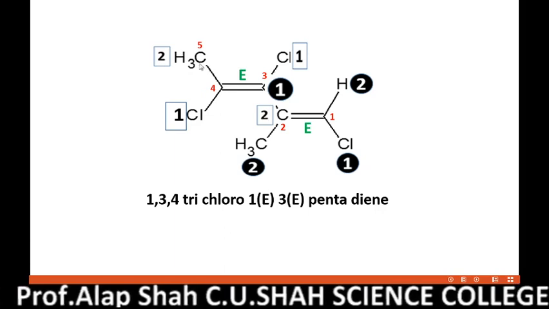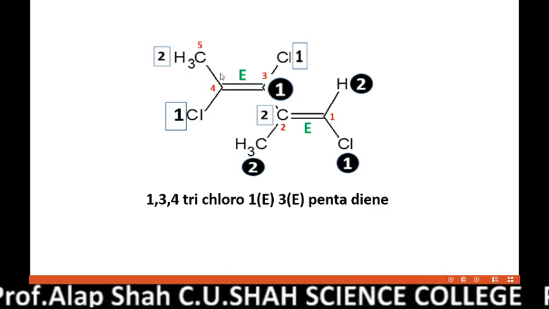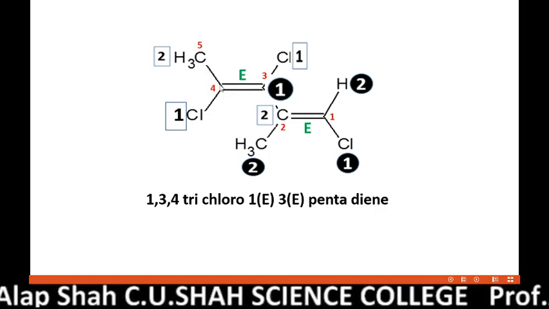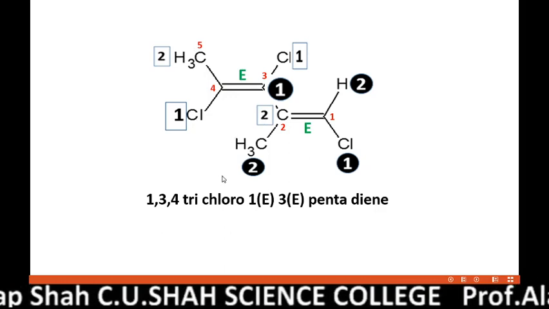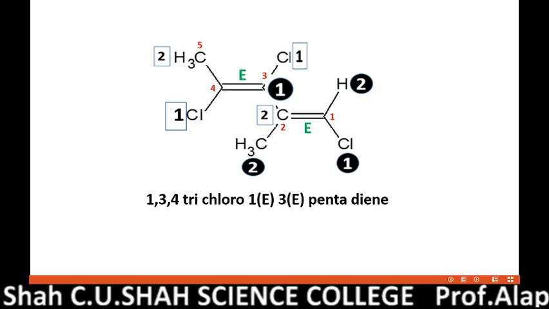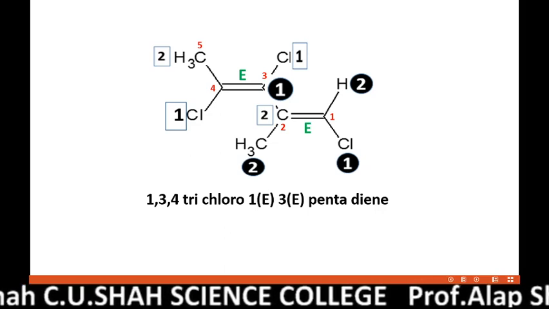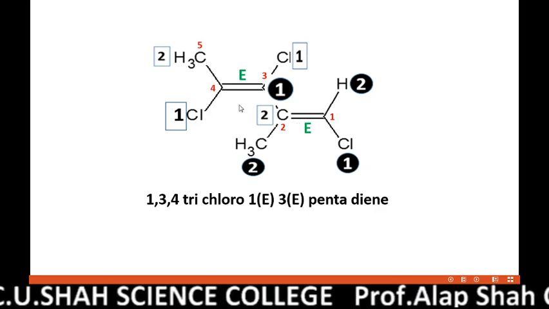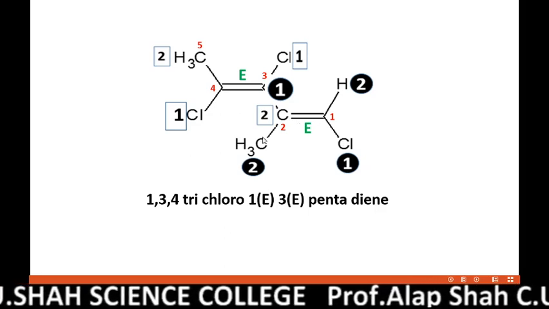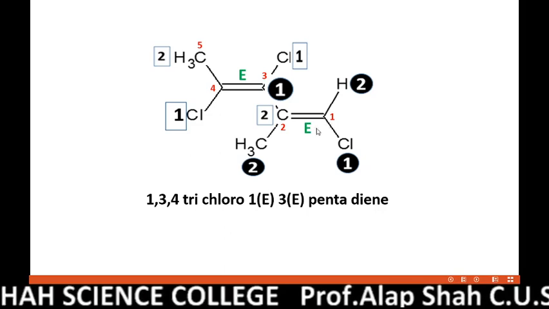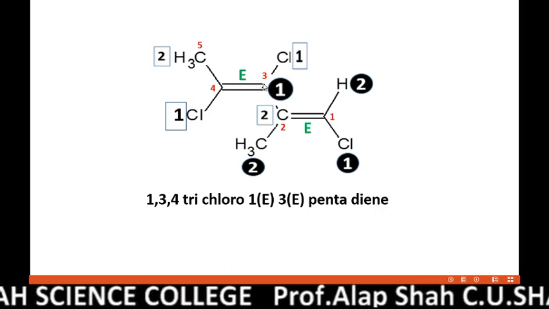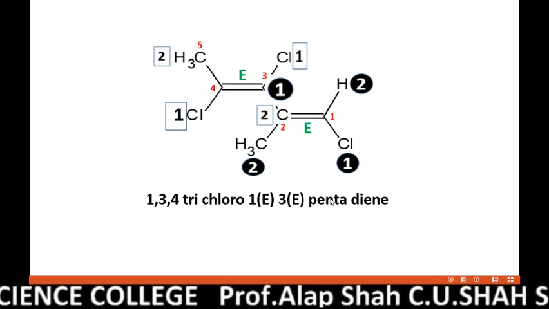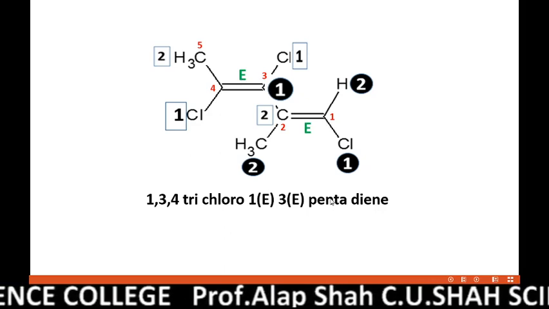So equal priority groups are relatively trans, or opposite, that's why it is also E. So ideally the name of this particular isomer should be 2-methyl, as I said I forgot, 1,3,4-trichloro. Now whenever I write double bonds, I will write 1 in a bracket E, 3 in a bracket E, penta-di. So this is the way its name should be written.